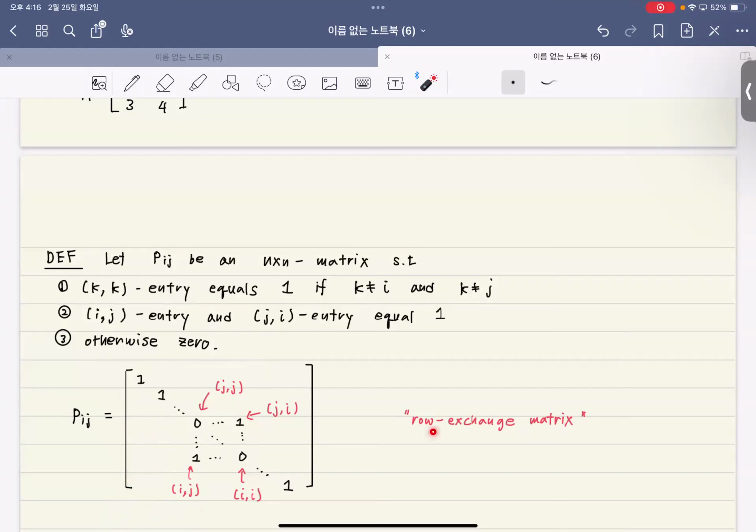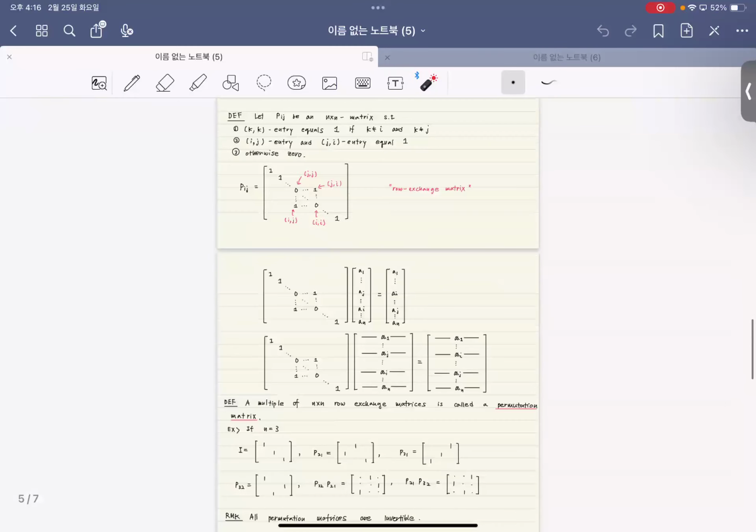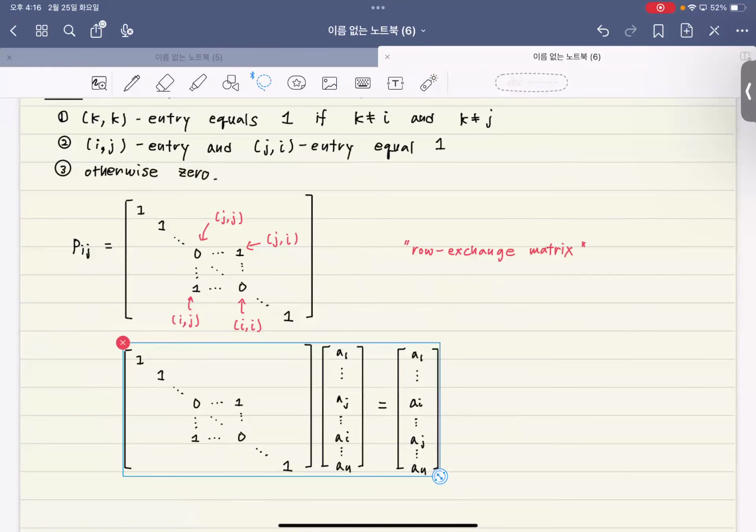I will call it the row exchange matrix. Why is that? Suppose that I multiply an n by 1 column vector to the right of this row exchange matrix. Then this times this is A1. So this one has to be A1, right? And there is an invisible A2 here, and A2 times this must be A2.